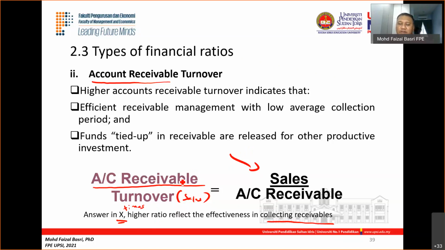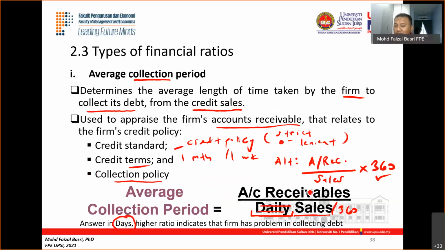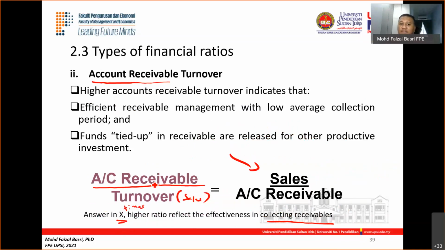So account receivable turnover is actually the alternative way to measure how they do their collections. For ACP, the answer is in days, right? So we want to see how long, on average, they take to recover their debts. But if you want to see in ratio format, we can use account receivable turnover. So the higher the ratio, the better in this case.